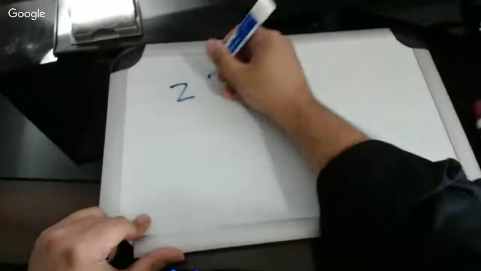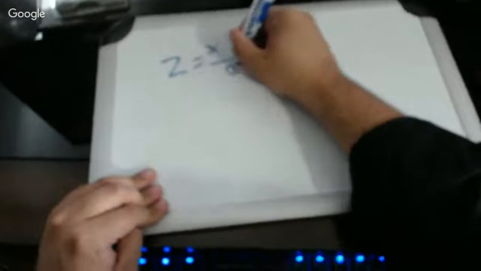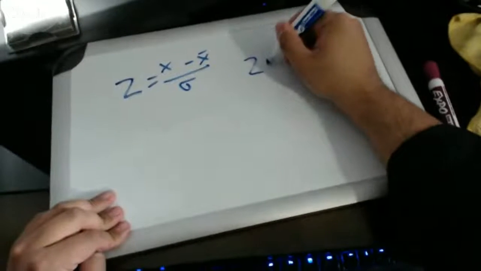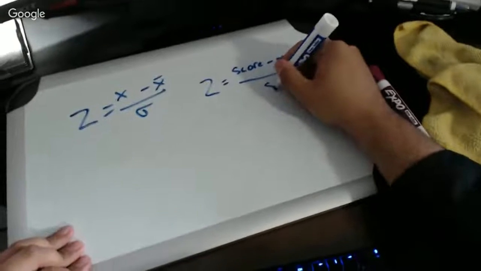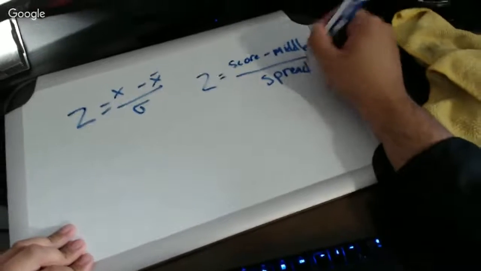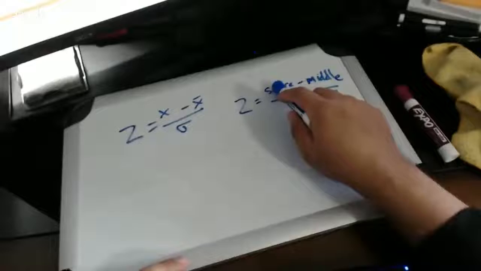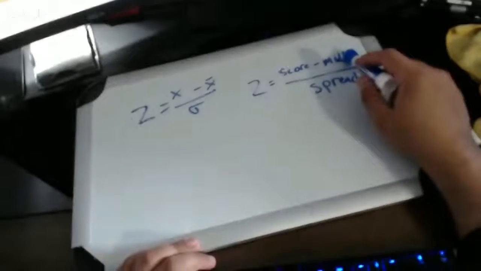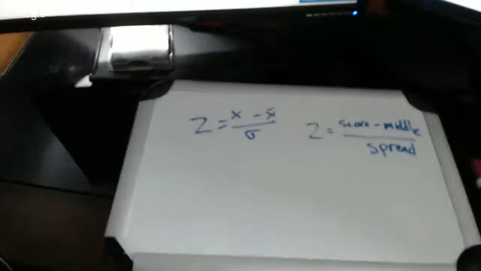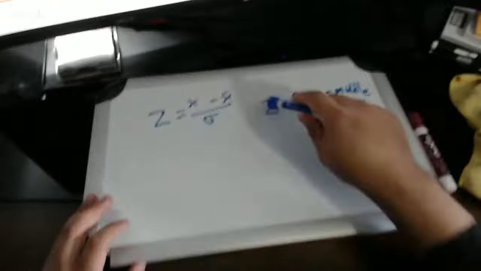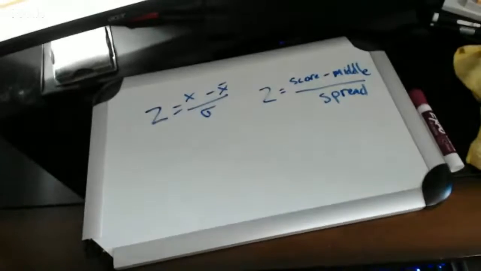Conceptually, it's more important to understand that z is just some score minus the middle, or central tendency measure, divided by whatever the spread is. Later the scores will be different things, sometimes the middle will change, or the way we calculate the spread will change. But this general form holds up for the next few things we're doing in class. So if you really get the concept that this gives us a standardized distance, you're good.